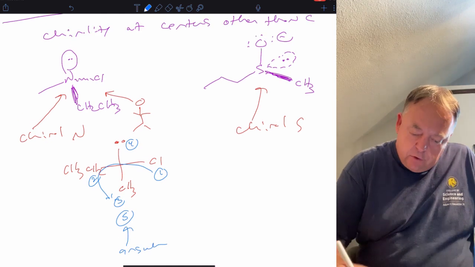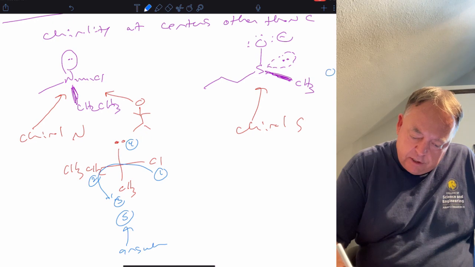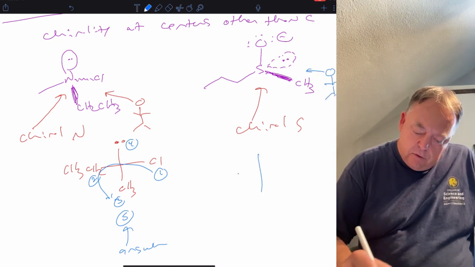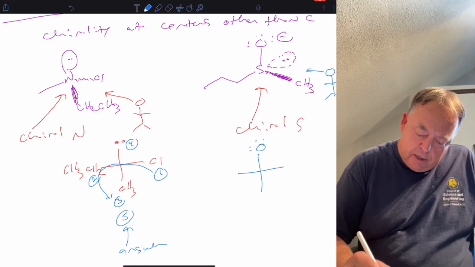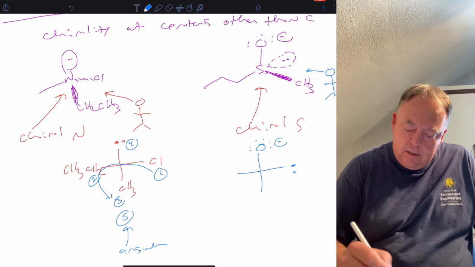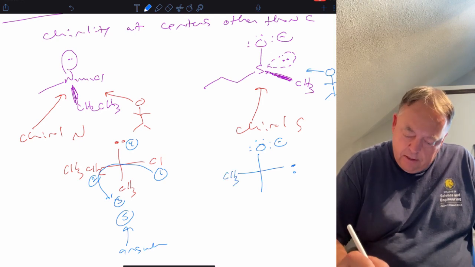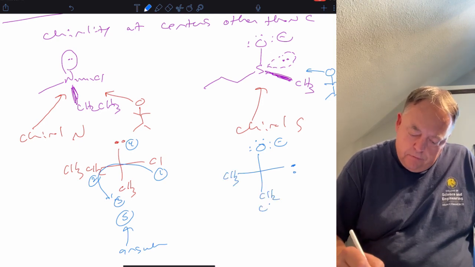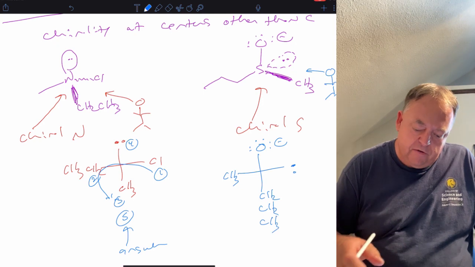And the same is true for sulfur. So if we're standing over here looking at this molecule from that perspective, then what you would see is the oxygen towards your head, a lone pair of electrons on your right hand, and a methyl group on your left hand, and the propyl group towards your feet.